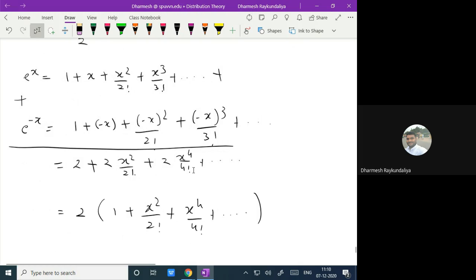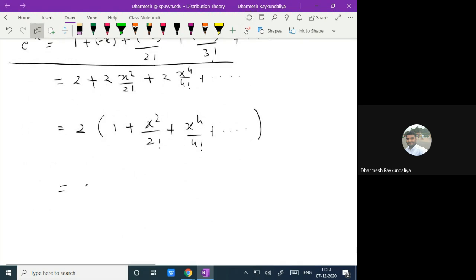So can I write it in this way? It is twice the summation, let us say r equal to 0 to infinity, x raised to 2r upon 2r factorial. For r equal to 0, x raised to 0 is 1, 1 upon 0 factorial is 1, so 1 by 1 is 1.